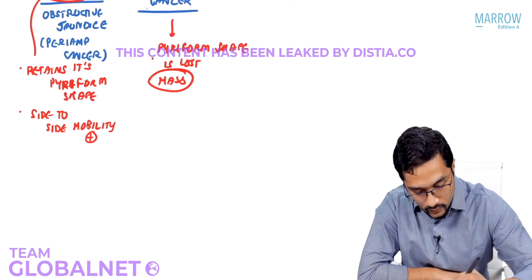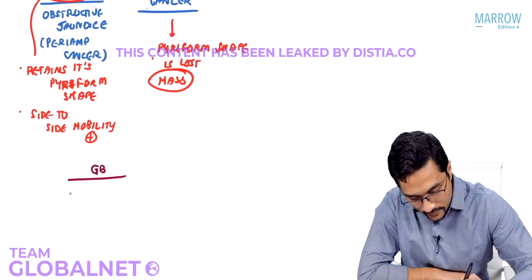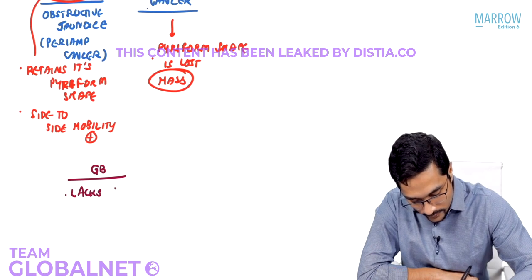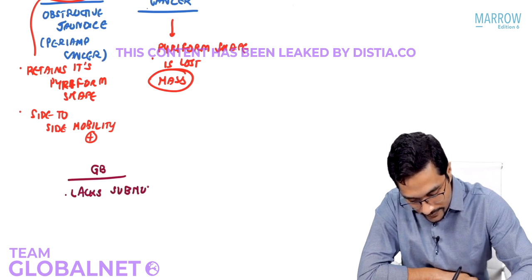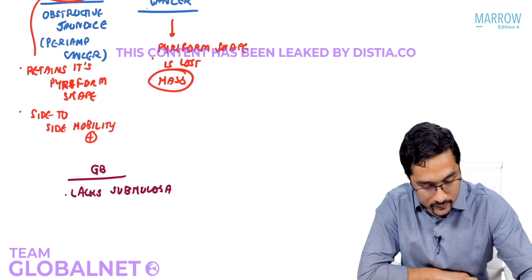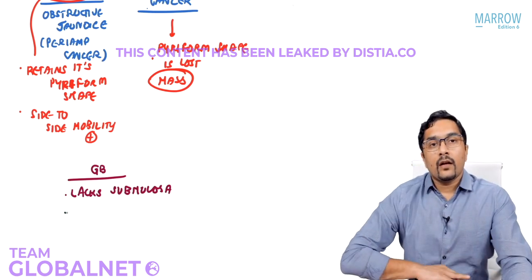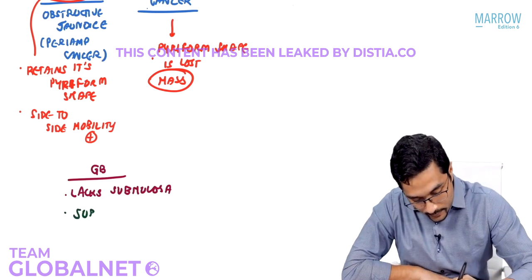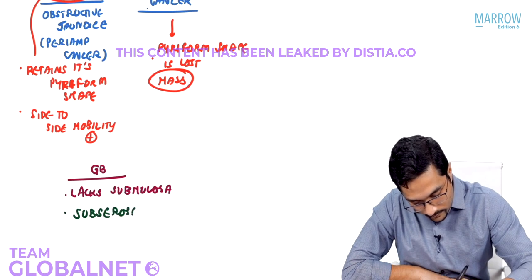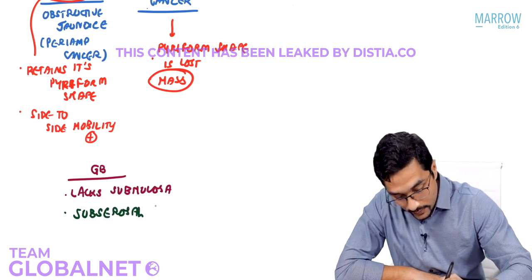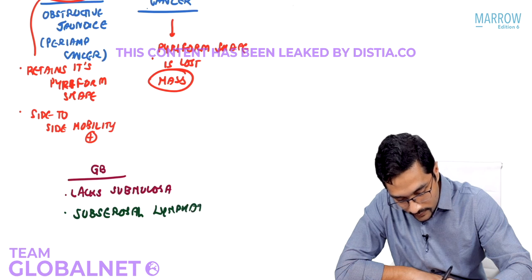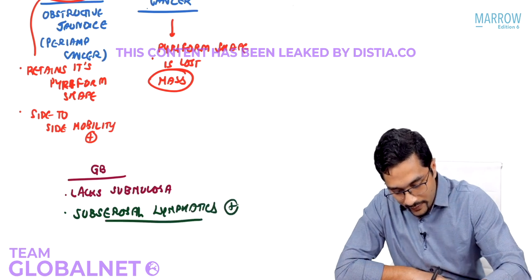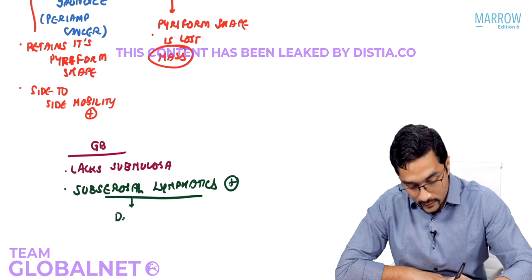I also want you to know that the gallbladder lacks submucosa. Another thing is that there are subserosal lymphatics present in the gallbladder, and these drain into the liver.